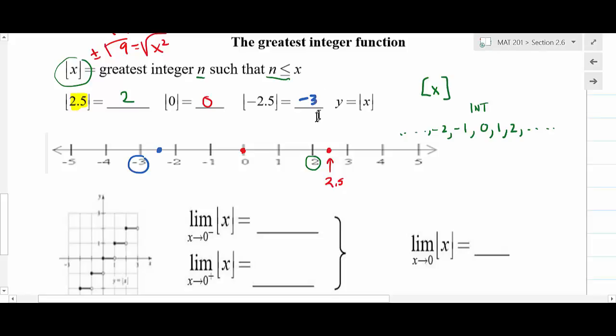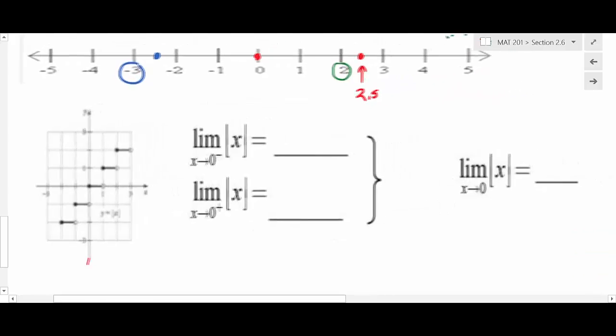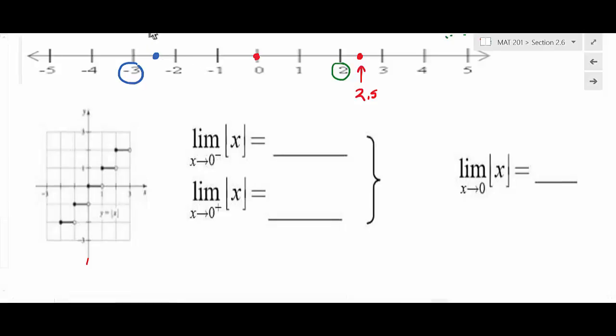So for greatest integer functions, this would be an example of what the graph would look like. Let me close in on an interval here to help you understand how the graph goes. Think of all those numbers between 0 and 1. The greatest integer of 0 is equal to 0. That's why that is a solid dot.